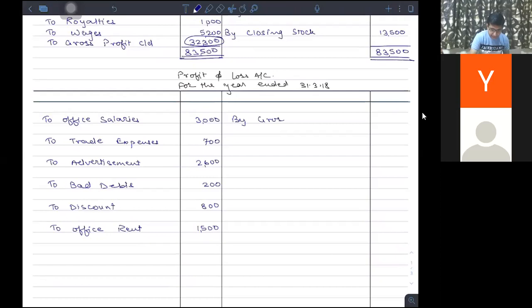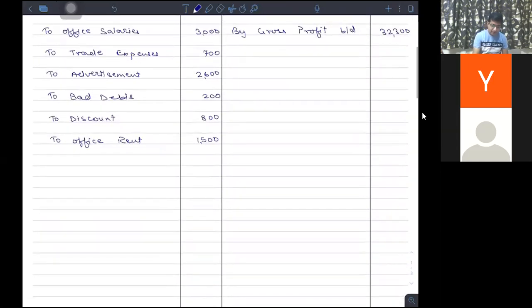By gross profit brought down 32,300. From this, you'll be subtracting all the indirect expenses to arrive at what? To net profit. Because prima facie it looks that credit is more than debit.